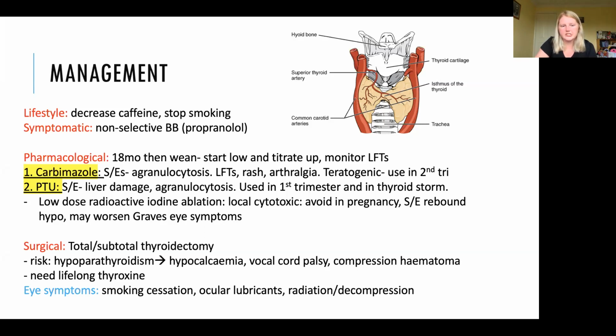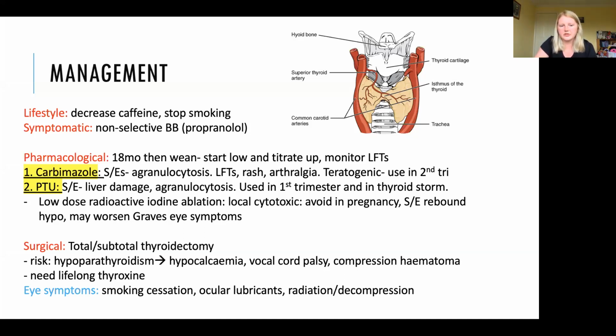So in thyroid storm, PTU can prevent the conversion of T4 to T3. And for that reason, that's obviously favourable in thyroid storm or thyrotoxicosis. And in that first trimester, carbimazole is considered a teratogen, so that's why we prefer PTU in that case.